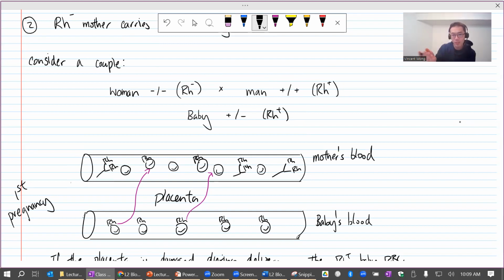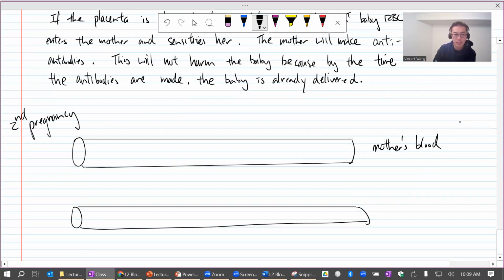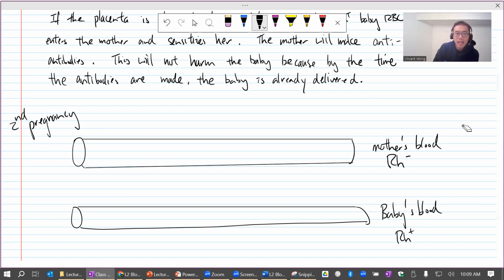If you do the Punnett square, it's 100% positive, which means it's going to be Rh positive. So this is the second baby, and it's also an Rh positive baby. Baby's blood. So the mother is still negative, and this baby, again, is positive. So what changed?